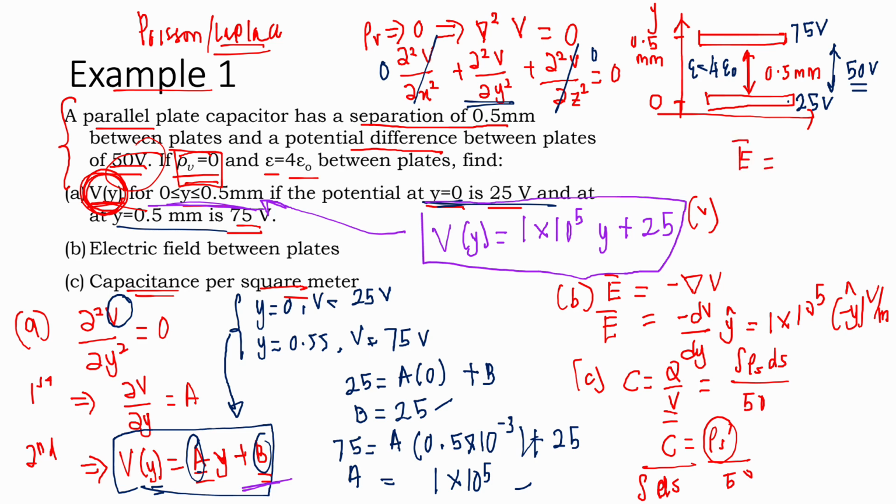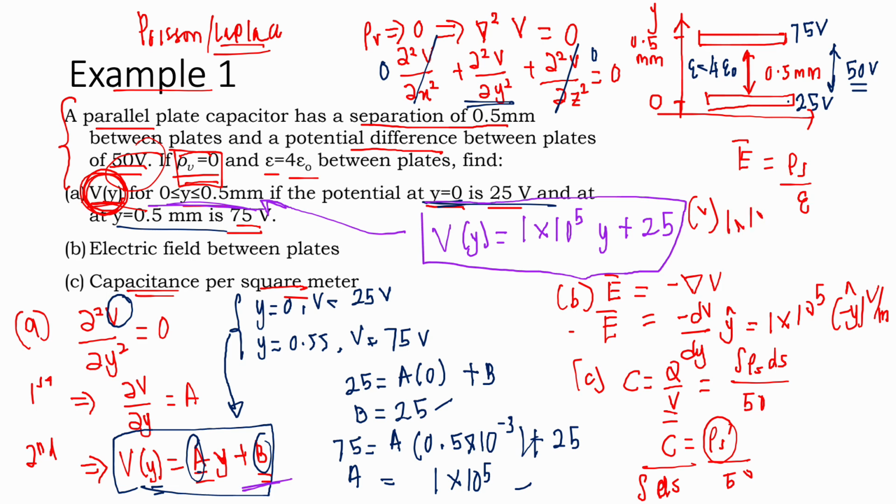E is equal to rho s over epsilon, right? And the E we have determined earlier in question number B, so we can substitute here.